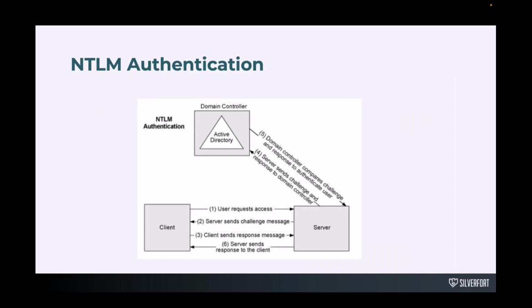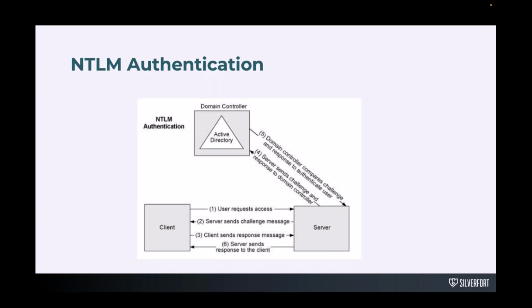So NTLM authentication. I assume everyone here knows what it is, so I won't deep dive into that, but the important thing to remember about NTLM is that it uses the hash as an equivalent to the password. The password is converted into an NTLM hash within the memory of the machine, and it is transacted between the client and the server for the purpose of validation.